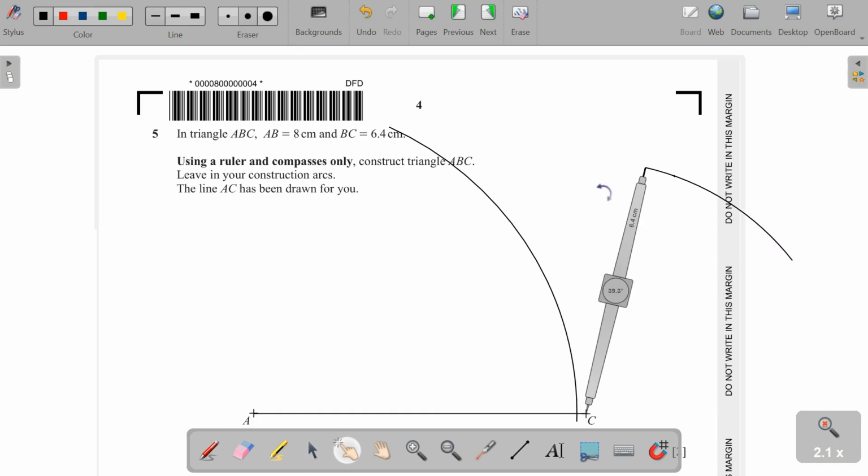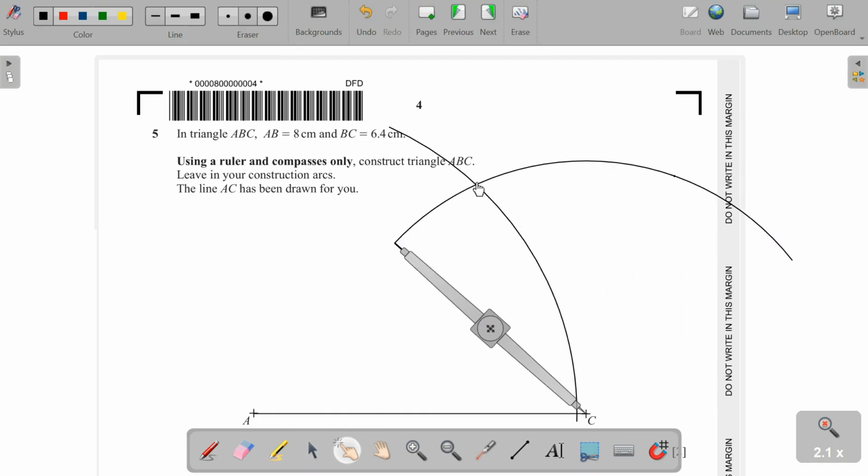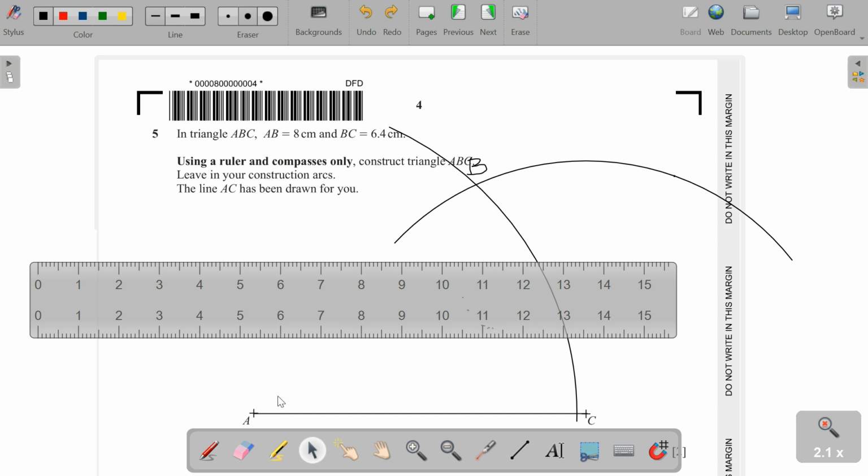Now this is the arc. The point where these two arcs intersect is B. Now we have the point B, and joining AB and BC, we will get the triangle.